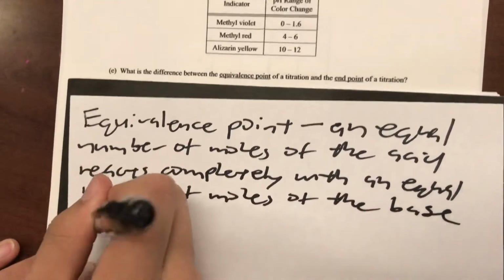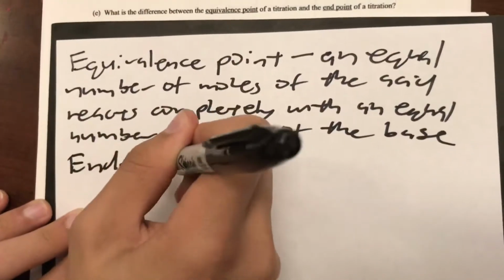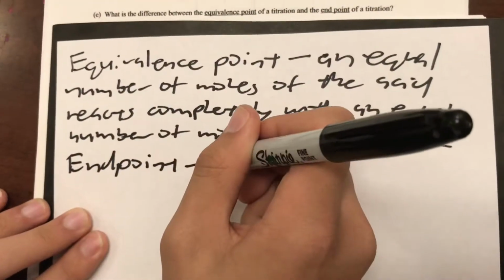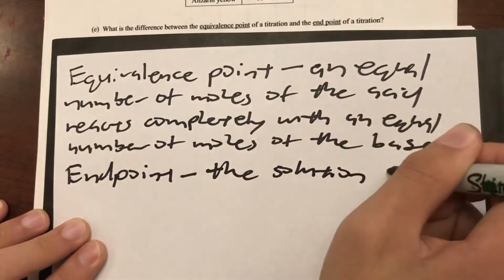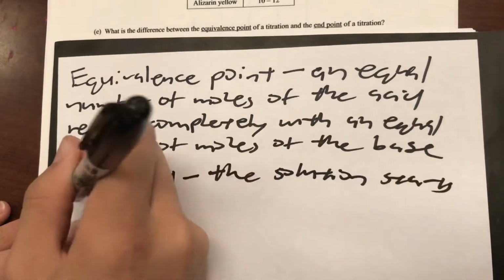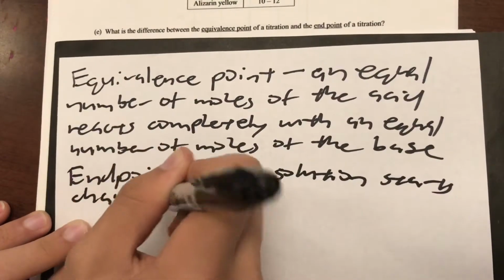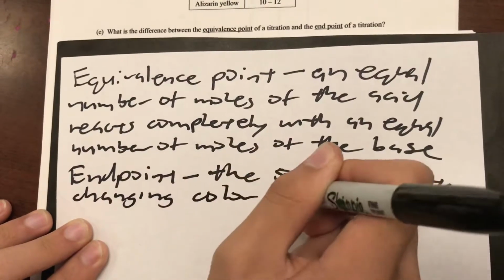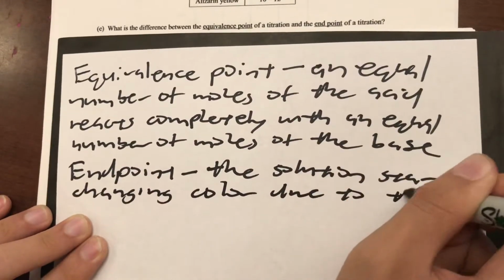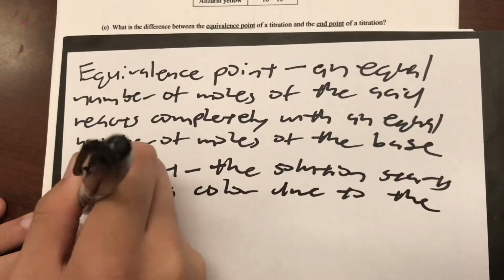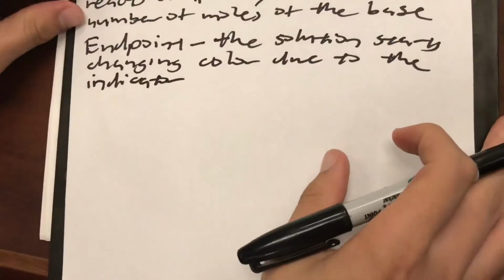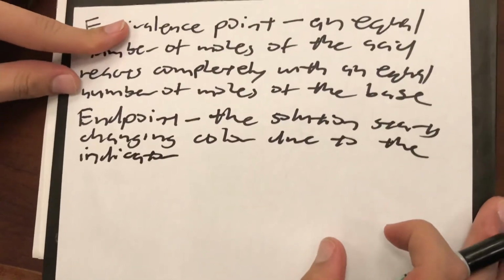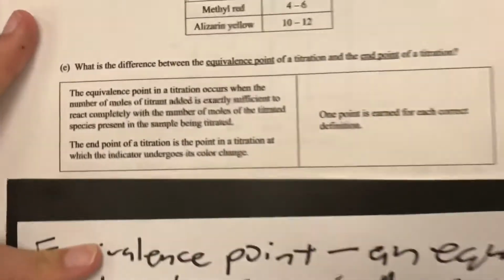The endpoint is when the solution starts changing color due to the indicator, which is explained right here.